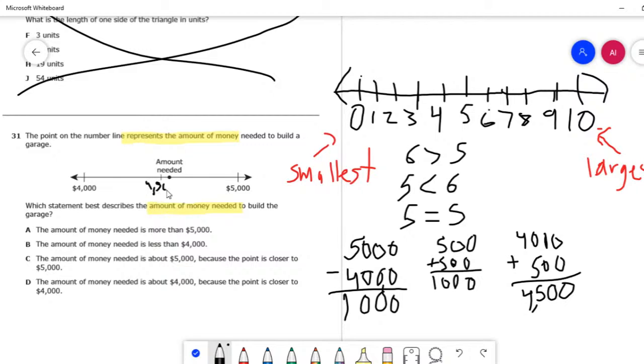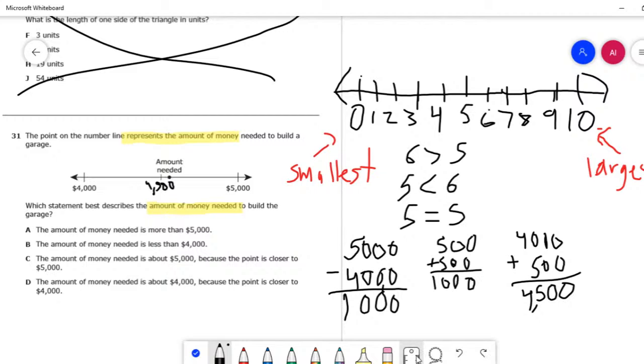I'm going to try to write it kind of small. And one thing we can see is that our amount needed is to the right of 4,500. It's greater than 4,500. And because that's the halfway point, that means our amount needed is a little closer to 5,000 than it is to 4,000.